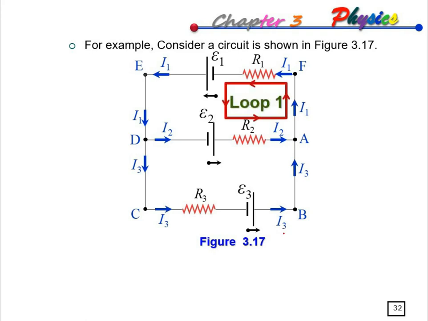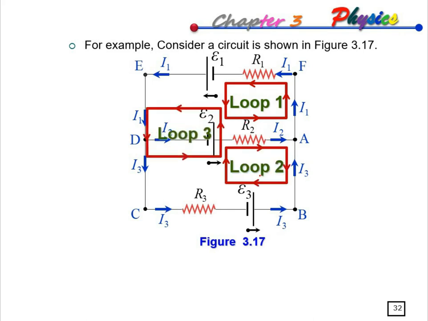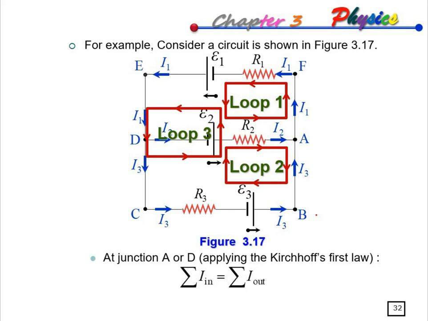We have one loop, two loops and three loops. That means we can solve this circuit to determine any variable in the circuit by using these three loops. Let's look at them one by one.